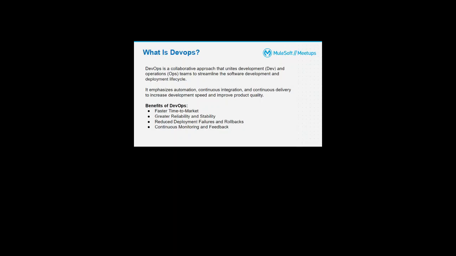Then one last benefit would be seamless integration of development and operations teams. What DevOps does is it bridges the gap between developers and operation team, fostering a united team that shares responsibility and ownership throughout the software development lifecycle.